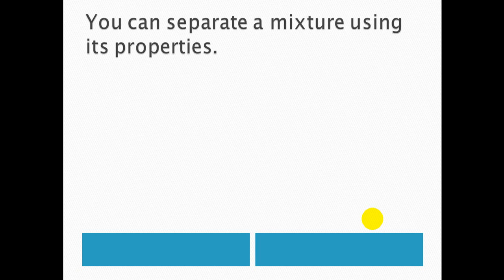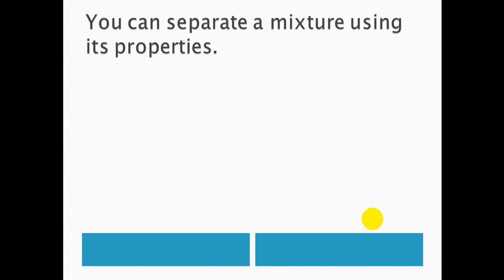Do you remember what a physical property is? It is a characteristic that we can measure or observe. And then we moved to physical changes. What are physical changes? They do not form new substances or new kinds of matter, like mixtures and solutions.